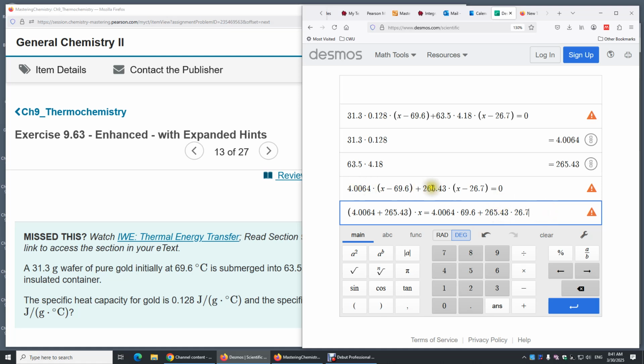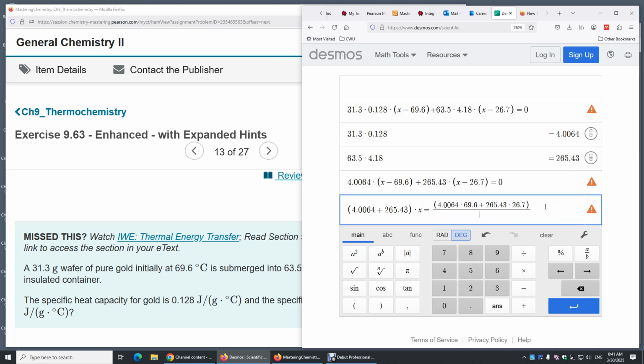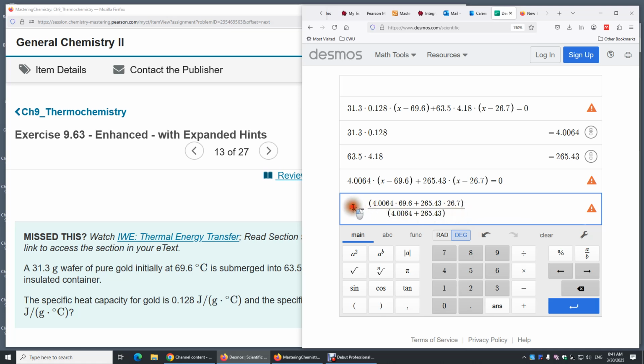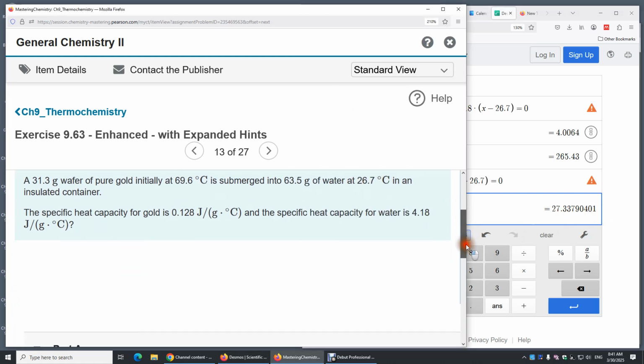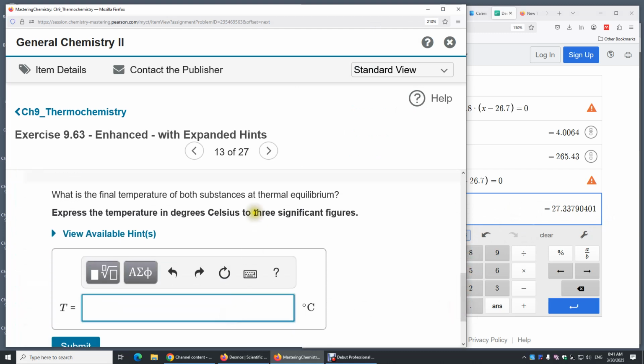I rearranged this equation to here. This times this goes here, this times this goes here, and then we have 2 terms that contain x. So now what is x? X is simply this sum divided by this sum. That's going to be x, right? So we get the final result, 27.3, and indeed it's really close to 26.7. 3 sig figs.